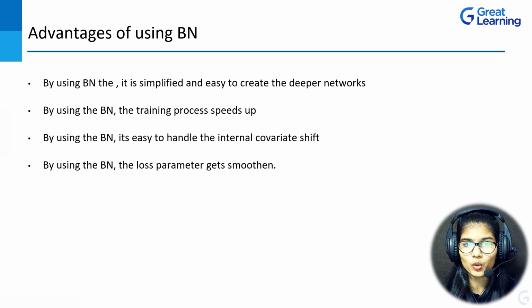Fine. Moving next, another advantage of using batch normalization is that the training process speeds up. It means the process used for training deep neural network models speeds up.